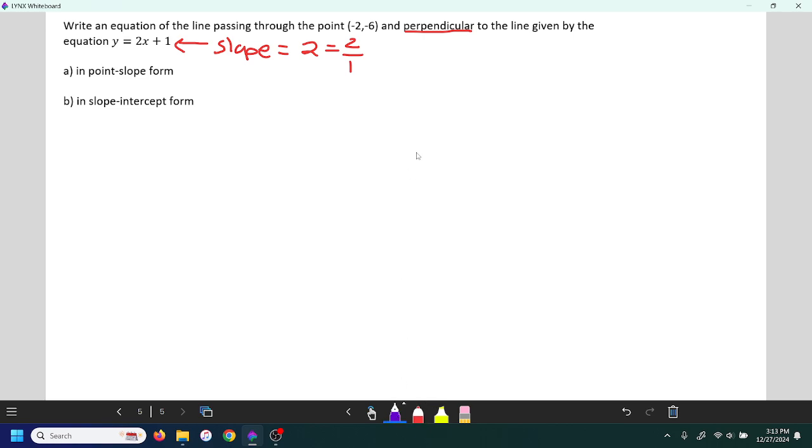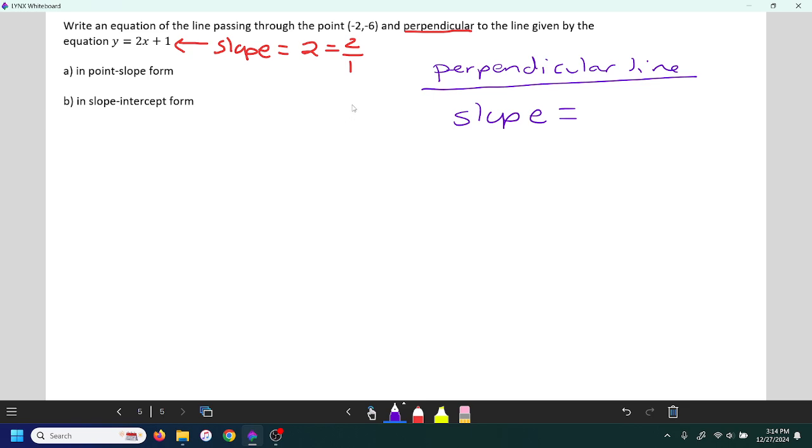And so the line that's perpendicular to that would have then a slope that's negative. One's increasing, one's decreasing, and reciprocal of 2 is 1/2. Remember, the slopes should multiply to be -1. So if you do 2 times negative 1/2, you do get -1. All right, and then this perpendicular line should also go through the point -2, -6.